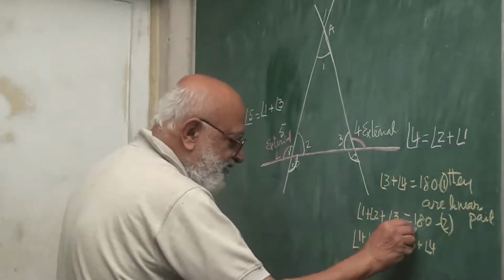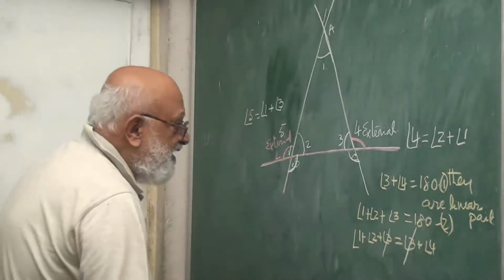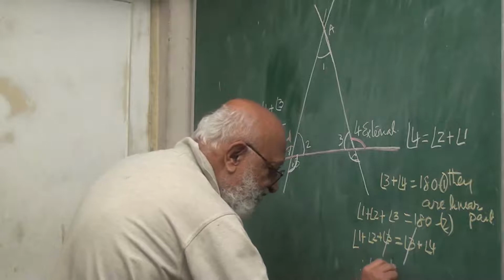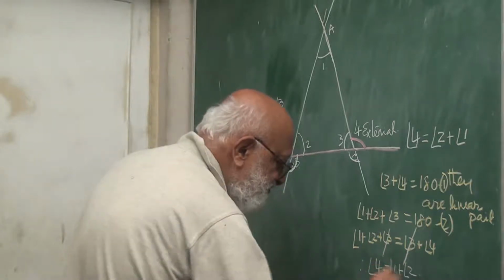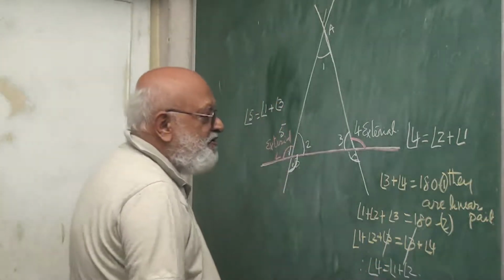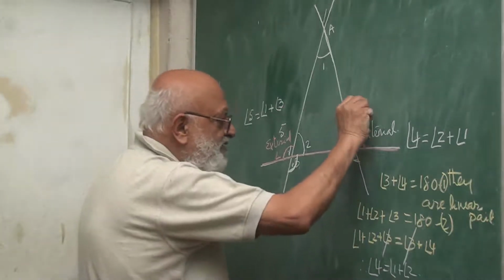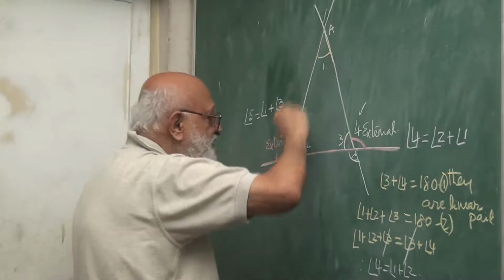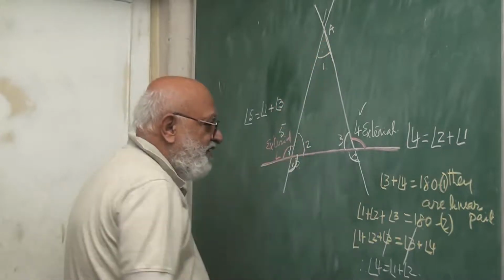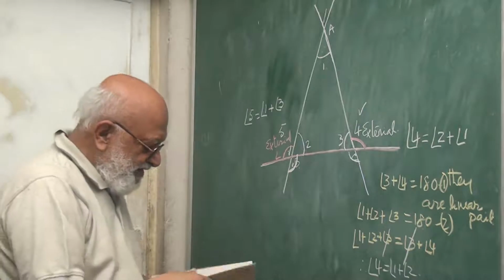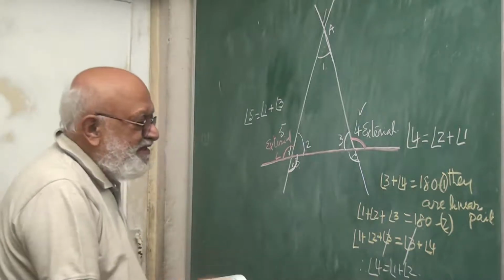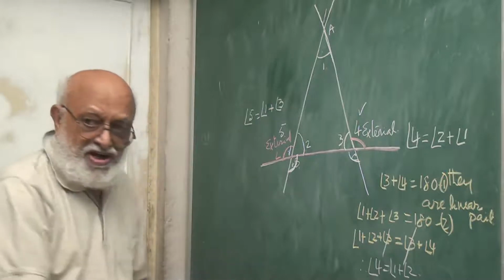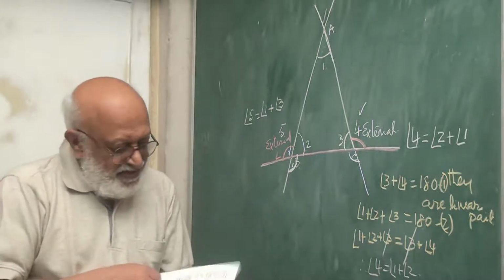So it becomes angle 4 is equal to angle 1 plus angle 2. So the exterior angle 4 is equal to the sum of the opposite two interior angles 1 and 2. This is over, this is good. Simple things can be given, and there is nothing to be worried about in proving it.